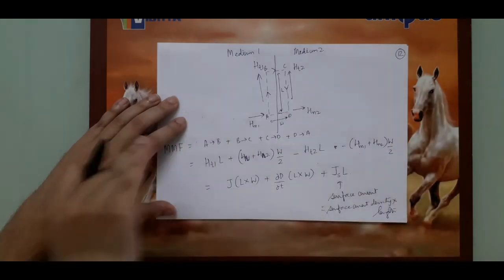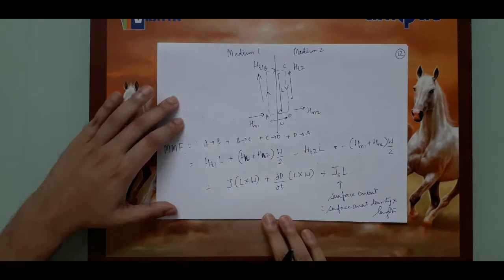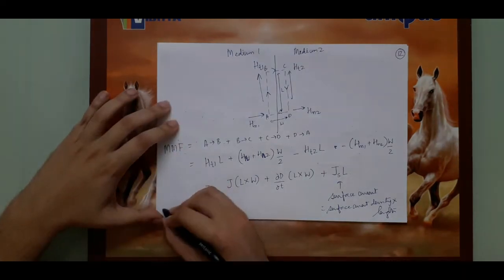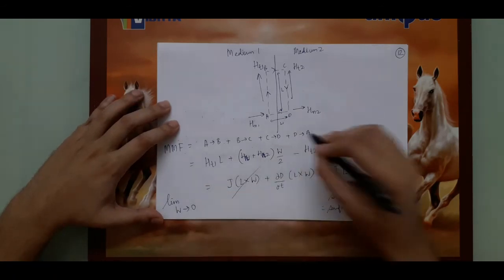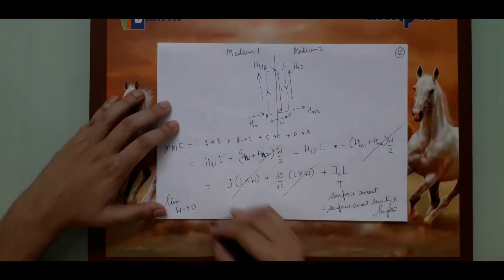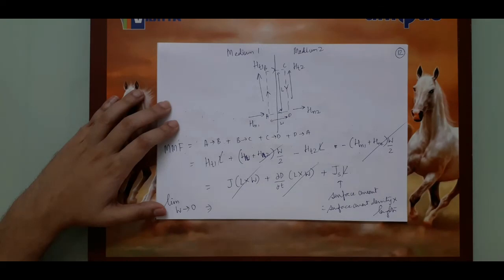Now surface current cannot exist this way. It will only exist along the surface, either on top or the bottom. So again, if I apply the limit W tends to 0, this will vanish, this will vanish, this will vanish. What I will have left behind is, I can cancel out the L components also, HT1 minus HT2 is equal to Js.